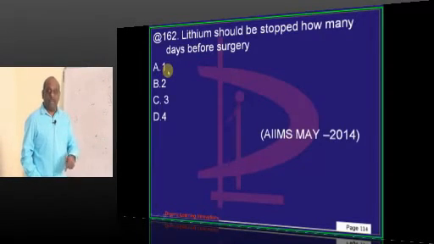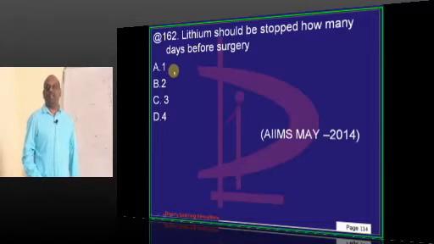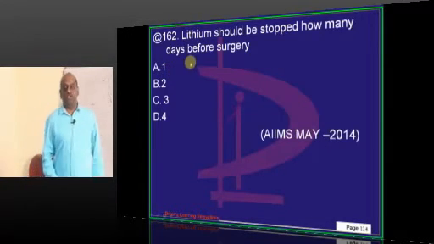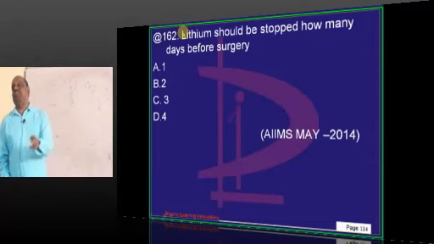Because who is supposed to be in mania in theatre? Surgeon is supposed to be in mania, not the patient. So stop the lithium of the patient 1 day before. You can remember. These similar questions will come in exam. Hypertensives, when you should stop. Type 1 diabetes, insulin, when you should stop.